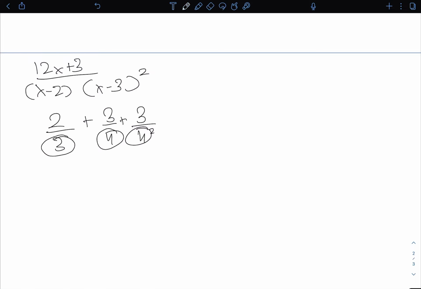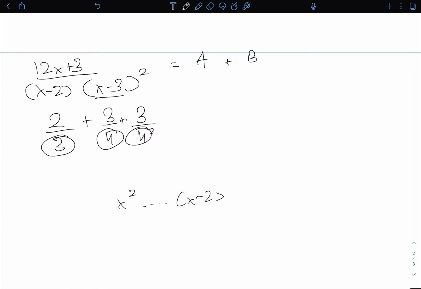strategy over here. Remember how in partial fractions you always do a plus b. Look at the highest power of x over here. Let's think mentally: when we expand this, you should get x squared and so on, and you multiply this with x minus 2.